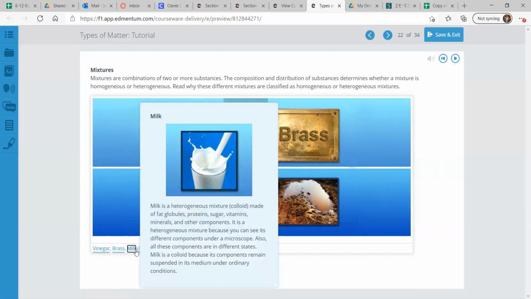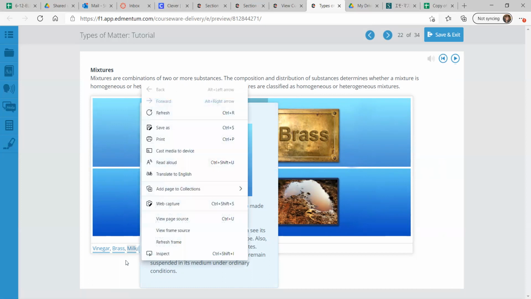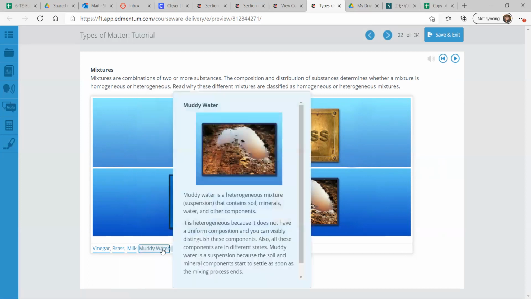Then you have heterogeneous mixtures. Milk is a colloid. You can see the different components under a microscope. And then we have muddy water. That is a suspension. So eventually those large particles will settle down in the water.